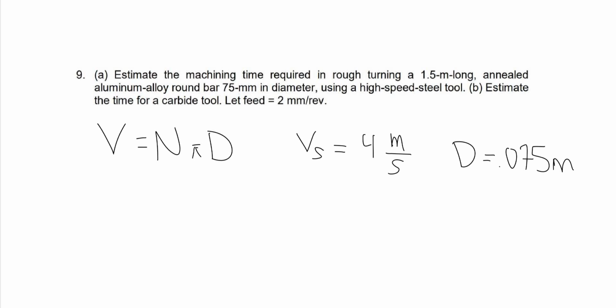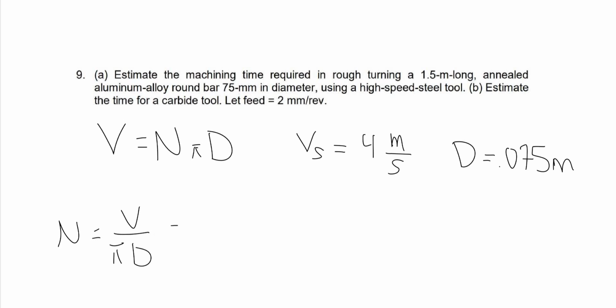Therefore, the missing value we have from this velocity equation is N. So let's go ahead and manipulate the equation so we get N by itself. So N, or RPM, is equal to the velocity over pi d.